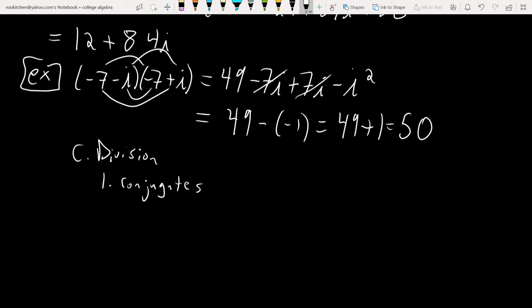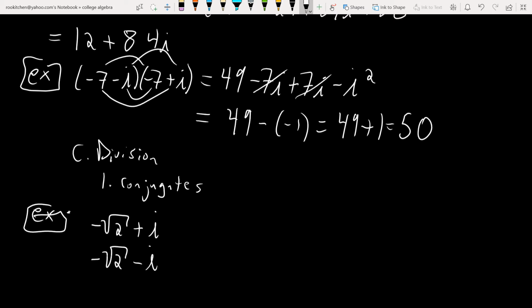The example above is basically multiplying two conjugates together. So if you're given something like, for example, negative radical 2 plus i, its conjugate is negative radical 2 minus i.